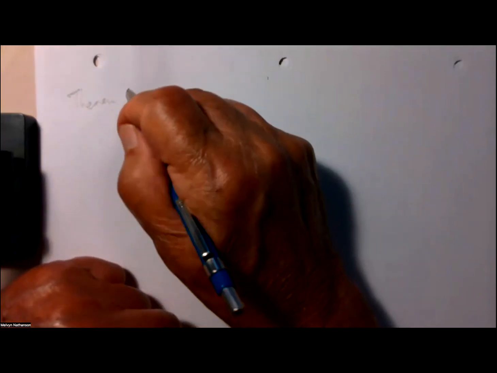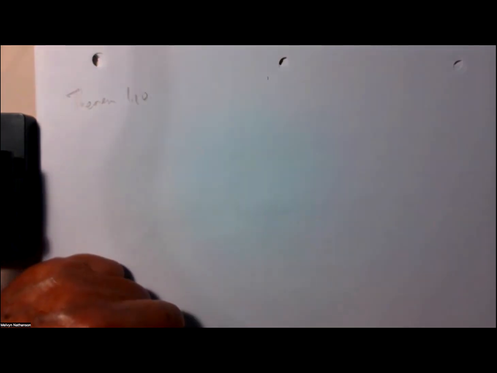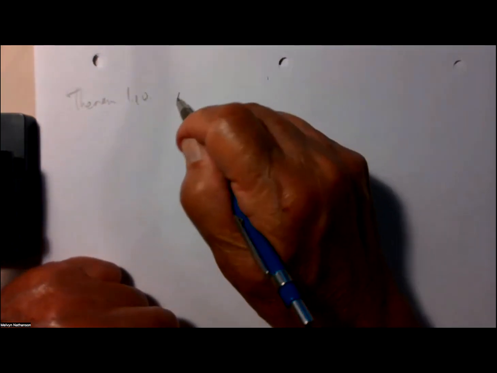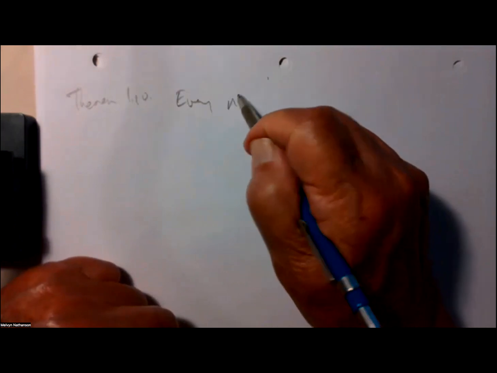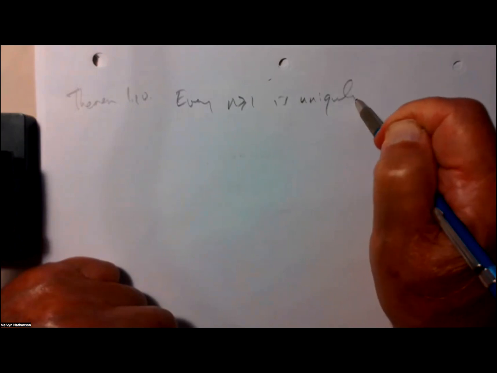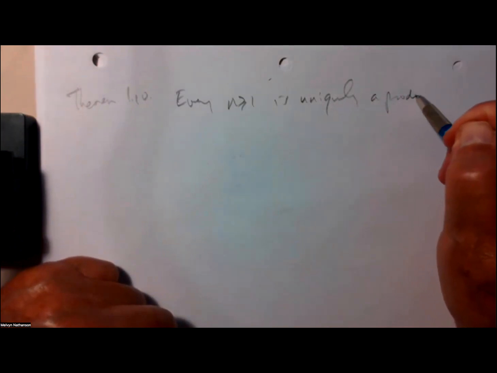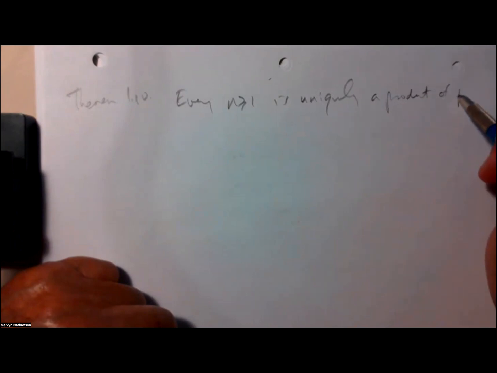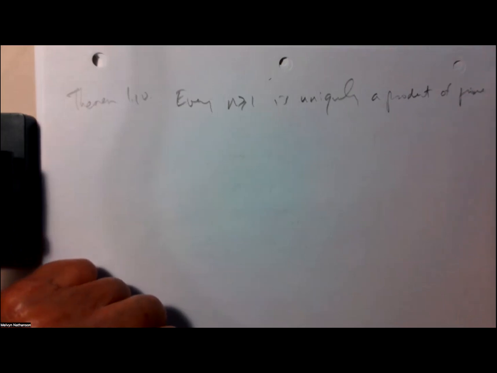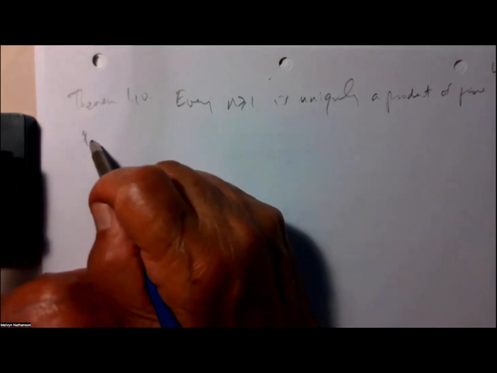So this is theorem 1.10. Every positive integer n is uniquely, up to order, a product of primes. There are two parts to this statement.